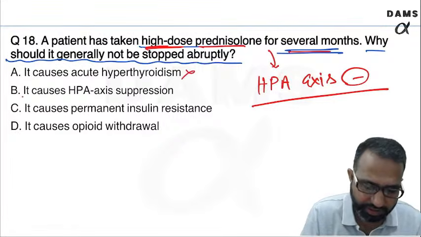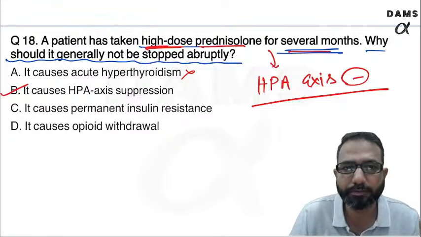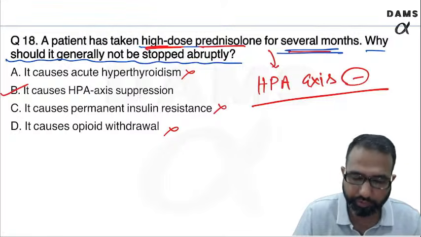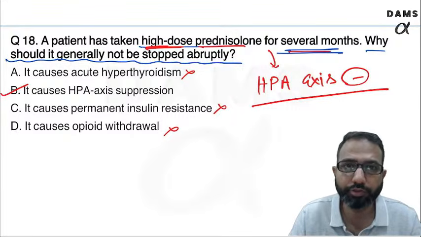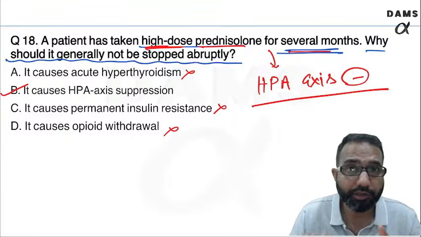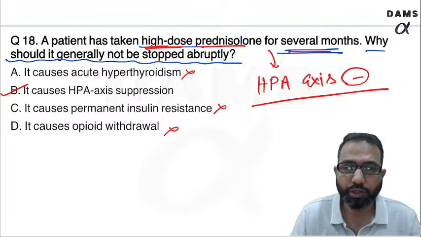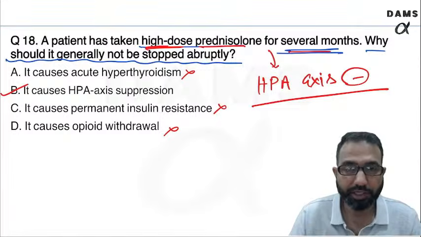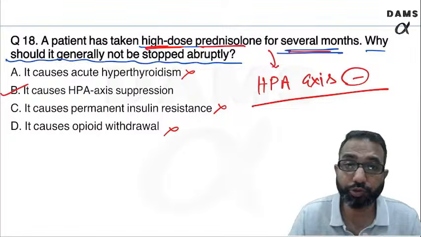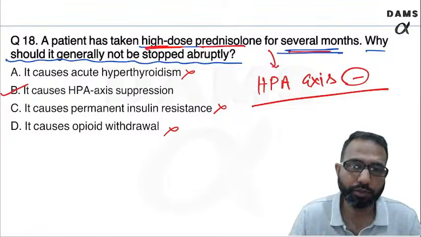No, it causes HPA axis suppression. Insulin resistance, opioid withdrawal? No. This is the reason. If the patient is on steroids, usually during surgery, to overcome the stress of surgery, cortisol hormone is released, and this cortisol maintains the blood pressure, because during surgery there is a chance of hypotension.